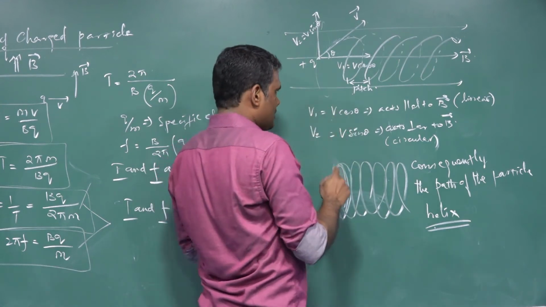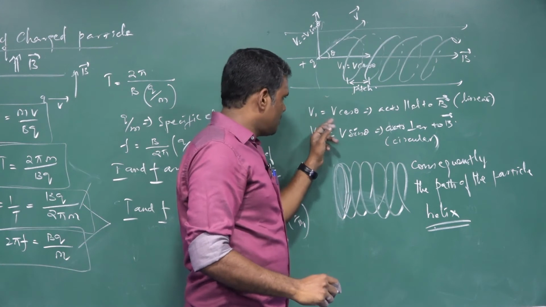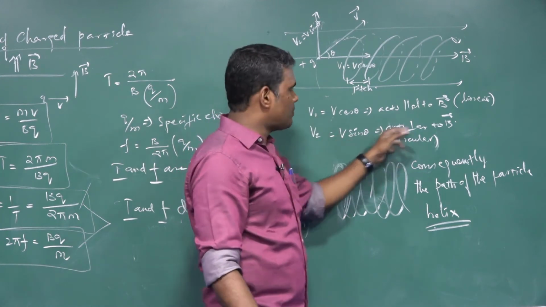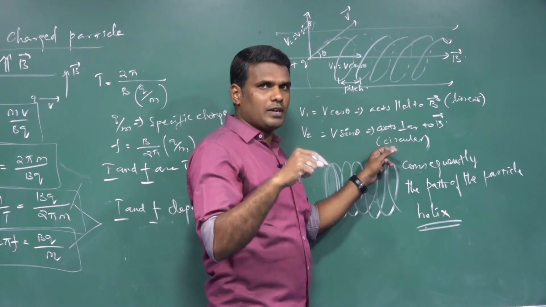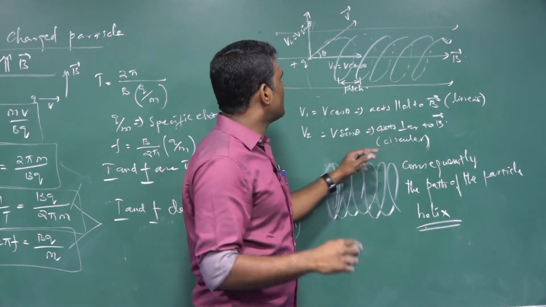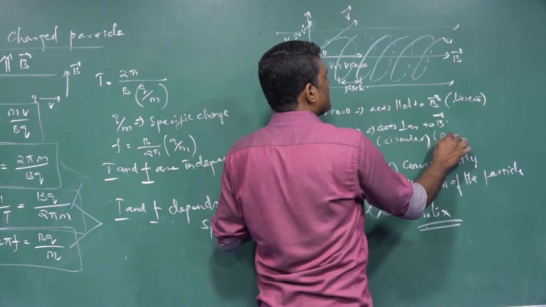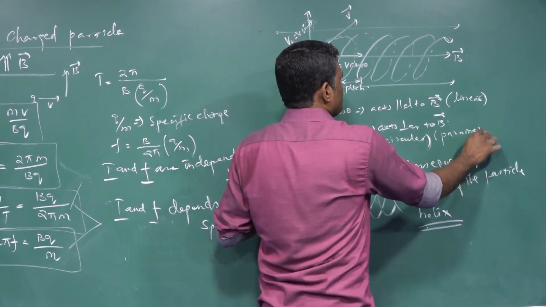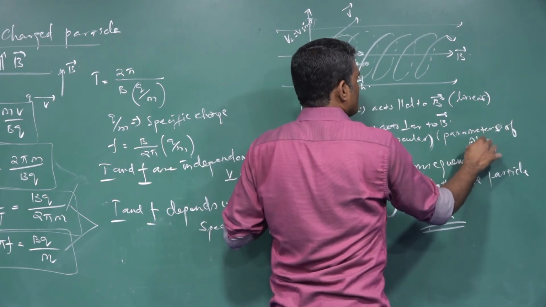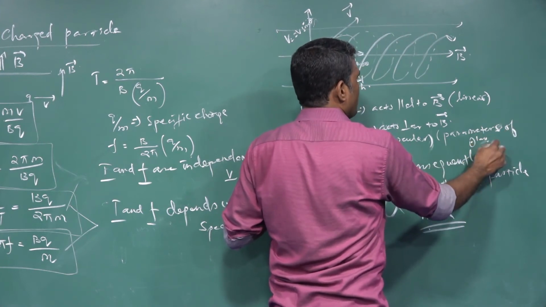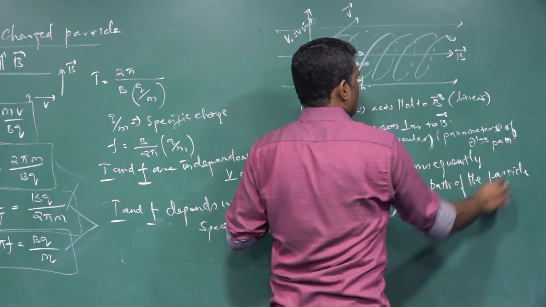Once again, this sin theta component acts perpendicular to B. It provides the circular motion for the charged particle. Also, it maintains the parameters of the circular path.